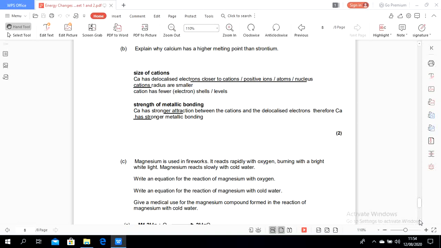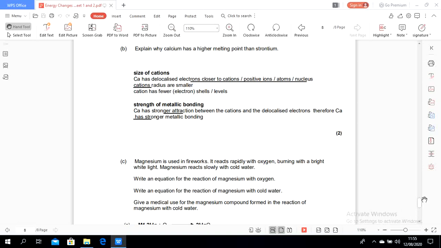And if stronger nuclear charge, we know that the smaller the cation, the better the ability to polarize the negative ion. And then strontium has a bigger size, bigger radius, so the nuclear charge is not strong. Okay, nuclear charge not strong affects the strength of the metallic bonding.